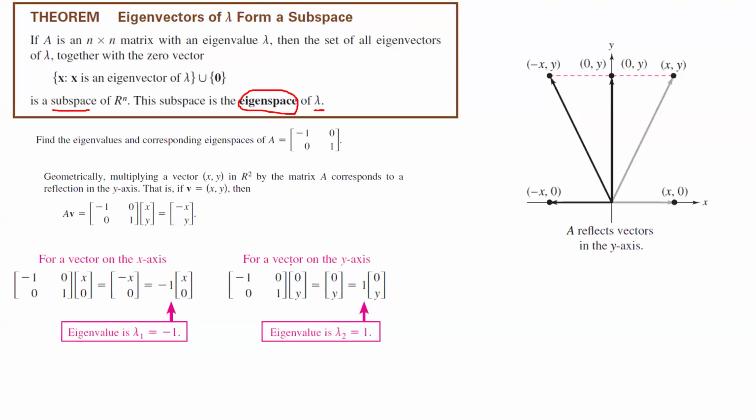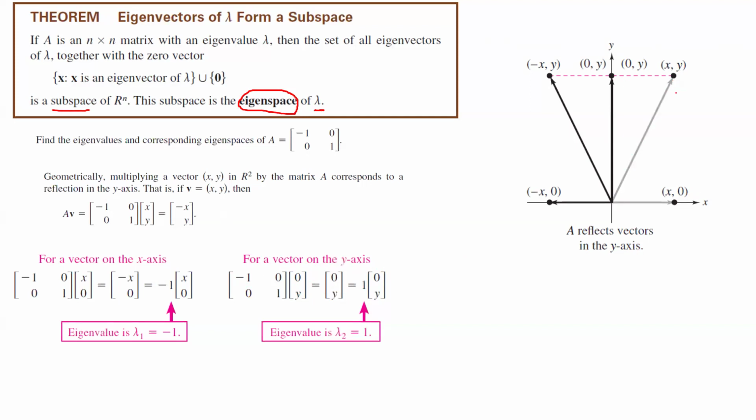Now for a vector on the y-axis, like 0 and y, negative 1, 0, 0, 1 multiplied by 0 and y is equal to 0 and y, or just 1 times 0 and y. So the second eigenvalue is equal to 1. So basically, you're looking at the reflection of the vector on the x-axis and on the y-axis.